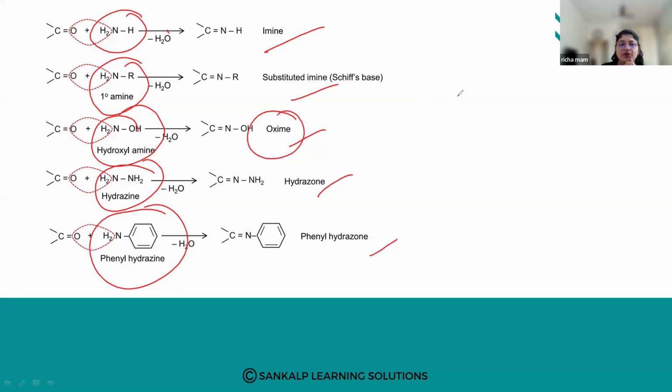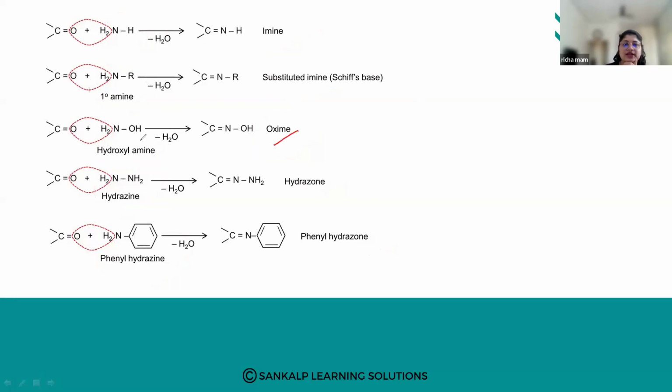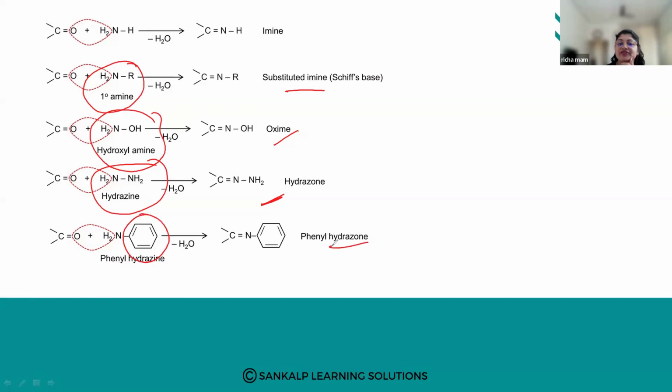You have to say that when a carbonyl group reacts with hydroxylamine, you get oxime. Like that, you have to remember all these products and the reactants you are using. Whenever you use a primary amine, you get a substituted imine. Whenever you use hydroxylamine, you get oxime. Whenever you use hydrazine, when one of the hydrogens is substituted by an NH2 group, you get hydrazone. And when one of the hydrogens is replaced by a phenyl group, you get phenylhydrazone.